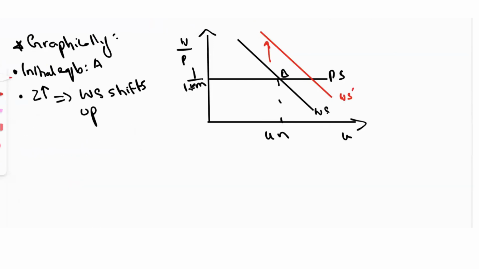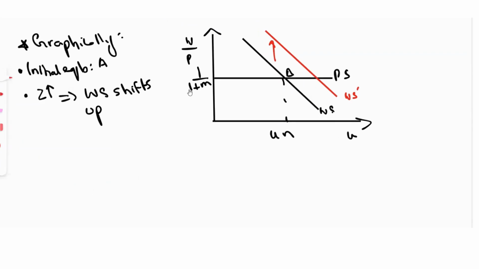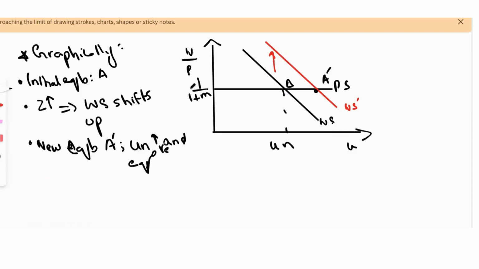So this increases, right? Now the new equilibrium is at A prime, where the new WS curve and the unchanged PS curve intersect. Here we can see that UN increases and the equilibrium real wage is unchanged. Let's show it on the graph also.